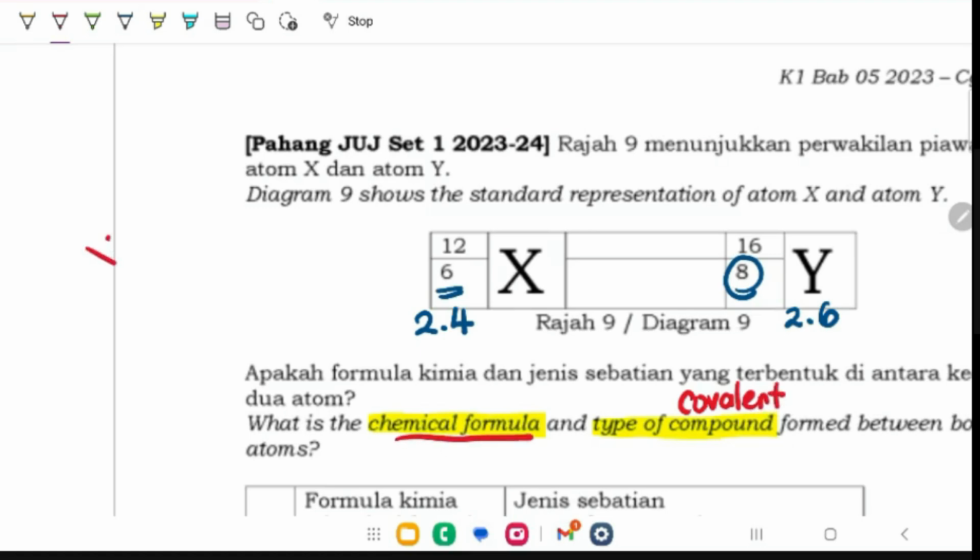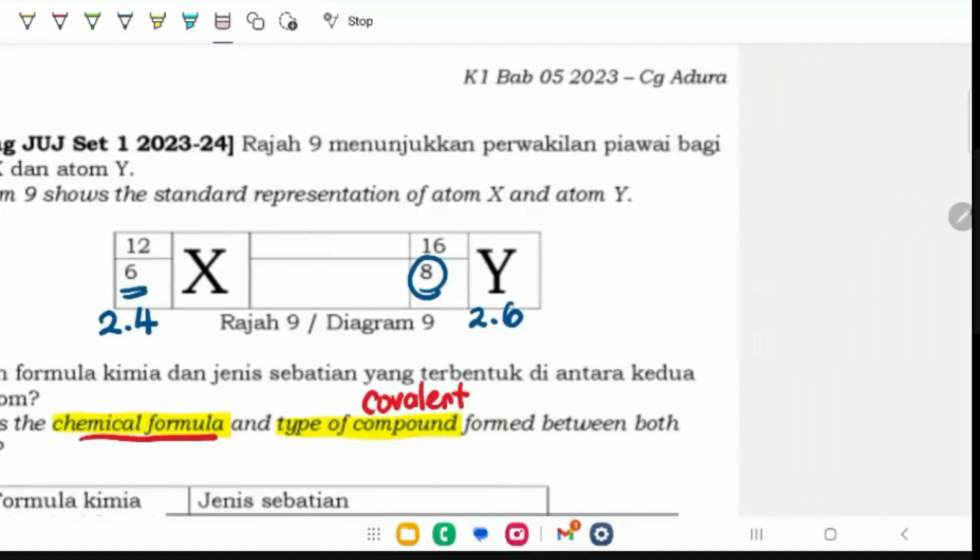So X is 2, 4. You still need how many electrons for sharing so that it will achieve octet electron arrangement, class? 4, right? Okay, X needs 4.